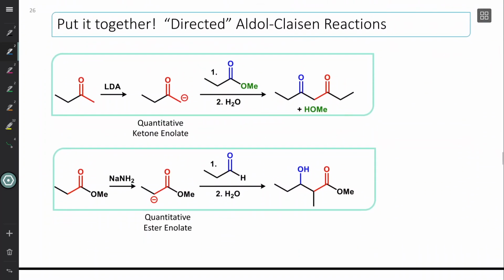Now, we can actually combine an aldol reaction and a Claisen reaction, and this opens up some cool new products that you can make. So if you use a ketone or aldehyde as your nucleophile, and then add the ester as the electrophile, then you can get a beta ketone.